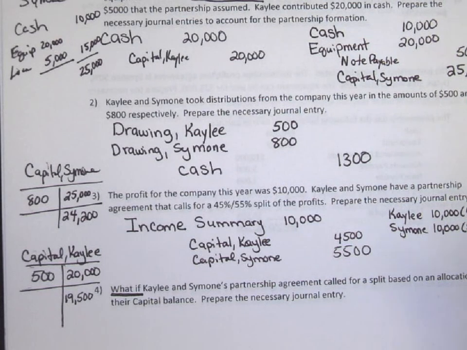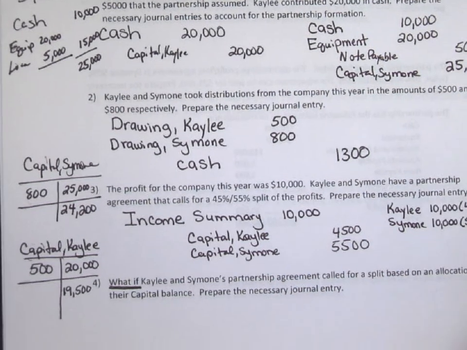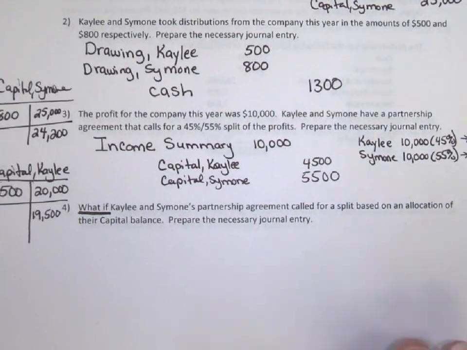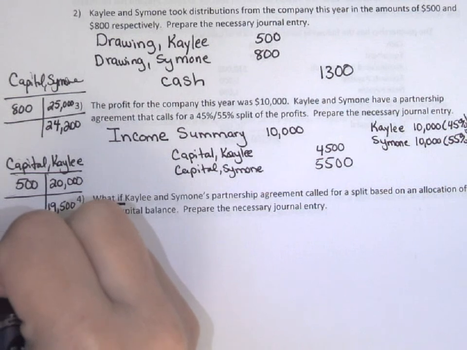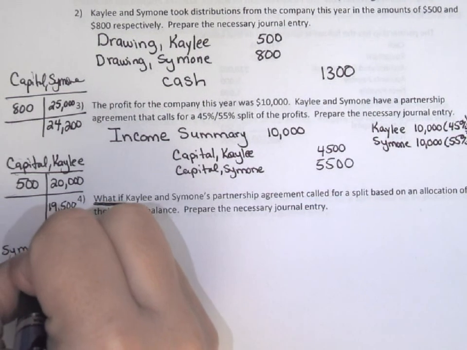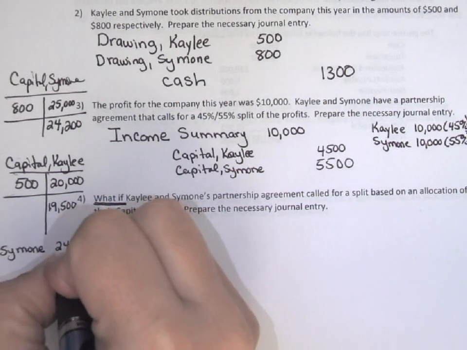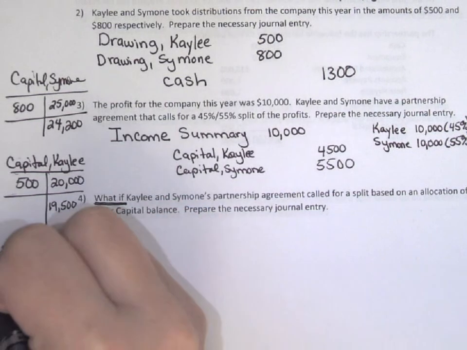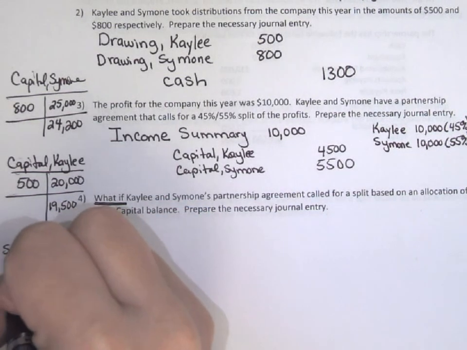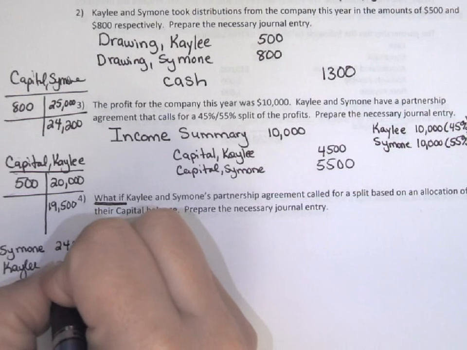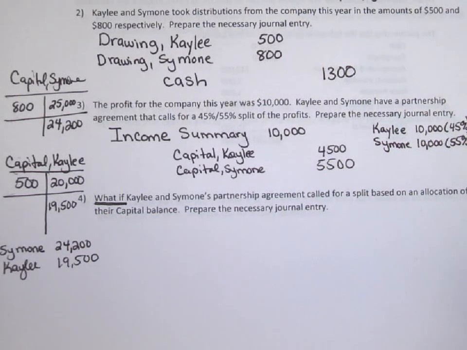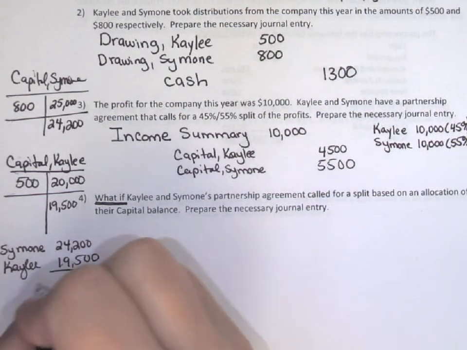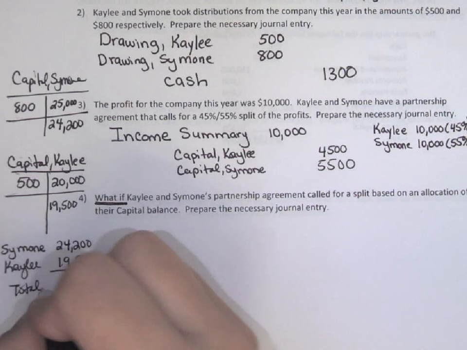So I need to now figure out what their different percentages would be. In looking at this, I have Simone that has $24,200 in her capital account. I have Kaylee that has a balance of $19,500.